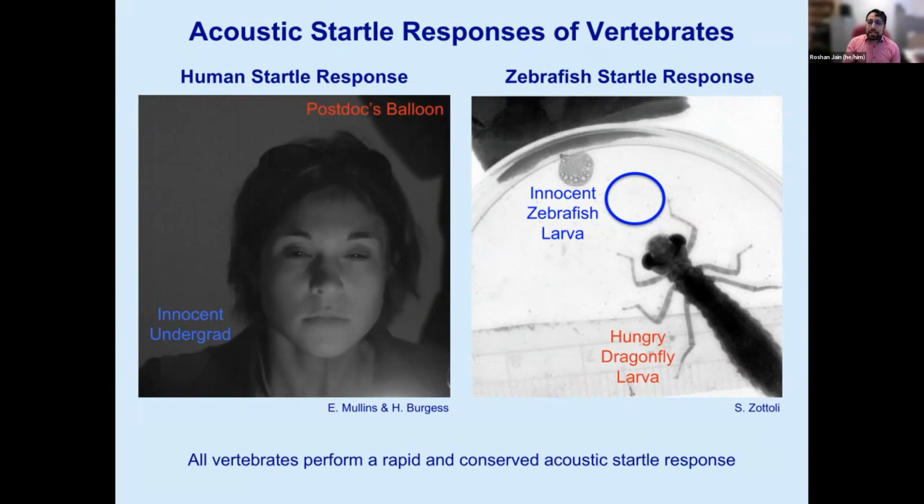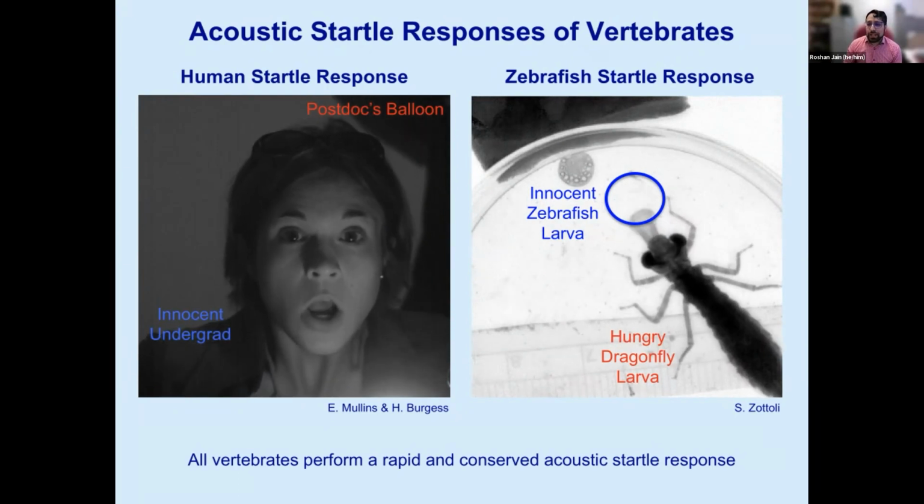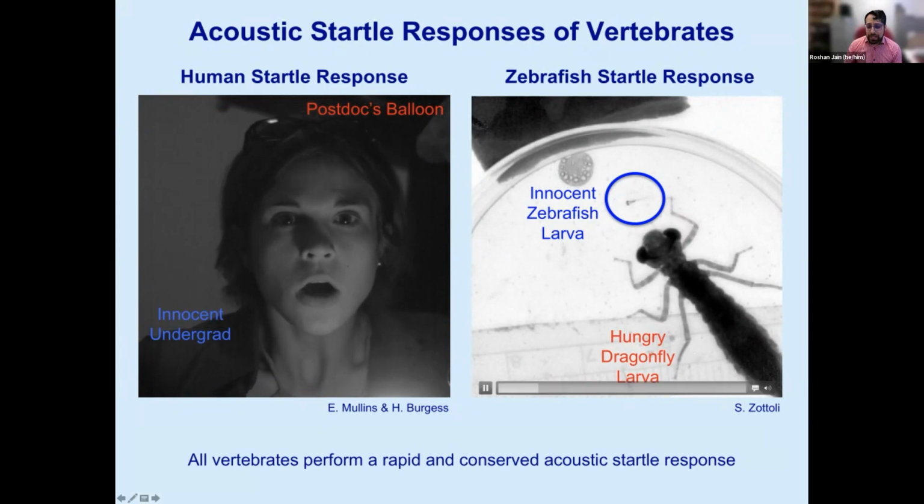And so when we're studying this in the lab, we're not eliciting this sort of response using dragonfly larvae, but rather we're doing it in a more automated way, where we have our fish in a series of separate wells. And then they're stimulated by acoustic stimuli from a speaker.